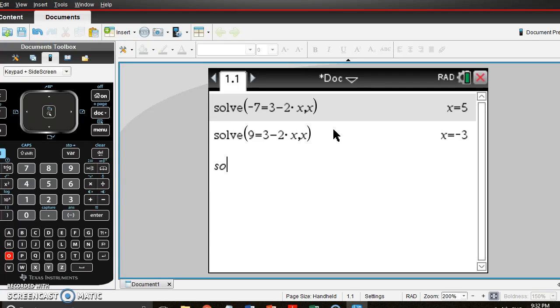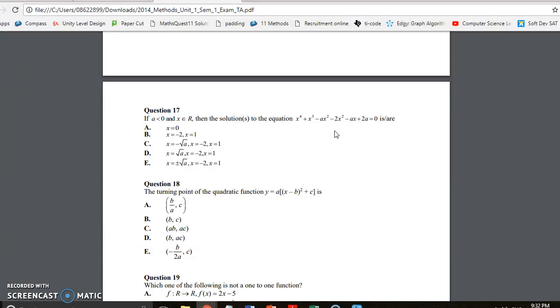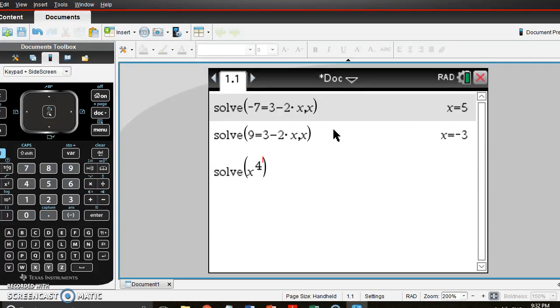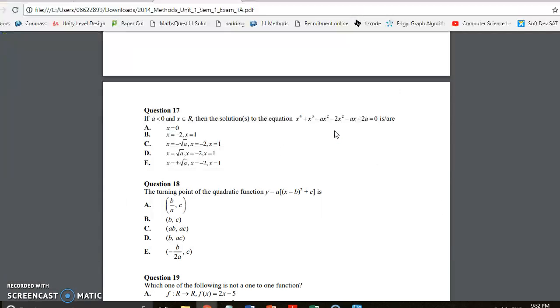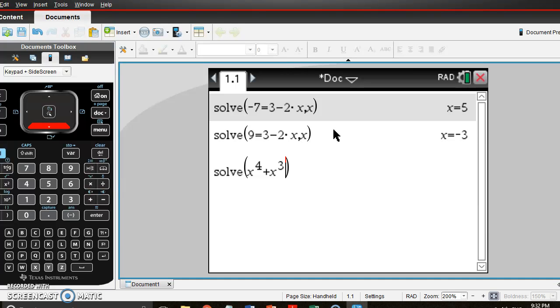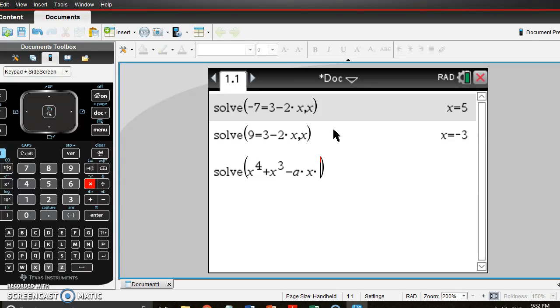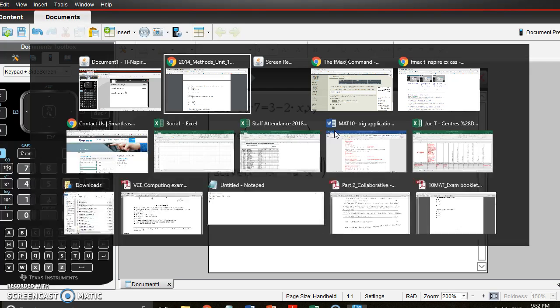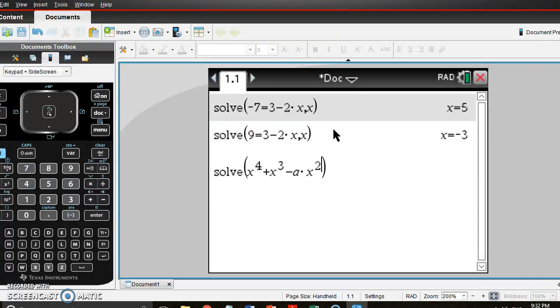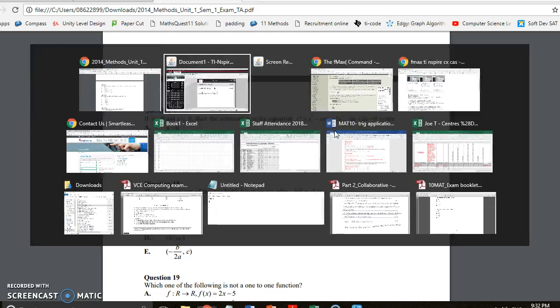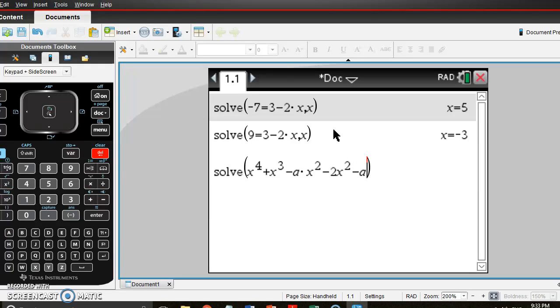So we'll say solve x to the power of 4 plus x to the power of 3 minus ax squared minus 2x squared minus ax plus 2a, equals 0.